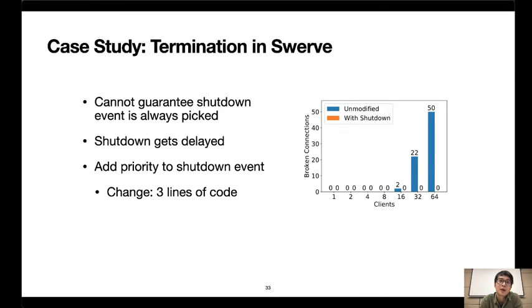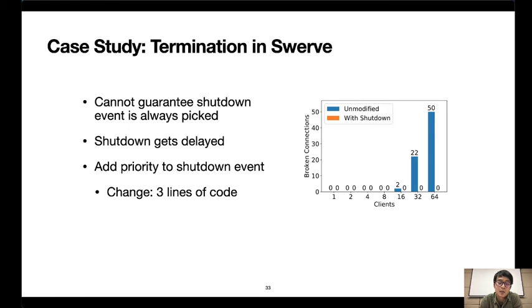The reason is that Swerve has to pick between the shutdown event or accepting new connections. So if the shutdown event gets issued, it might not be picked when there are available connections. As a result, shutdown gets delayed. We can add priority to shutdown events. The change is only 3 lines of code.